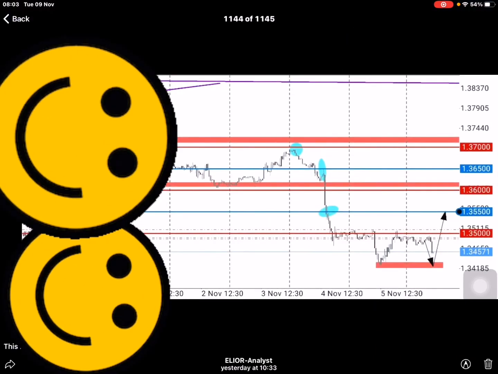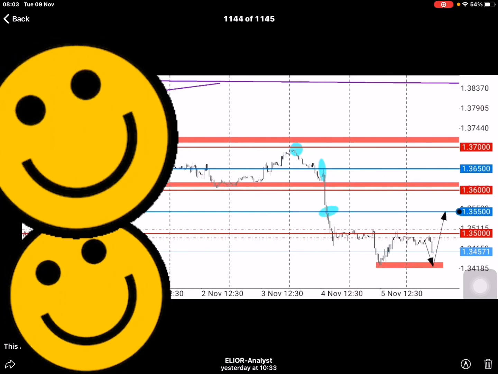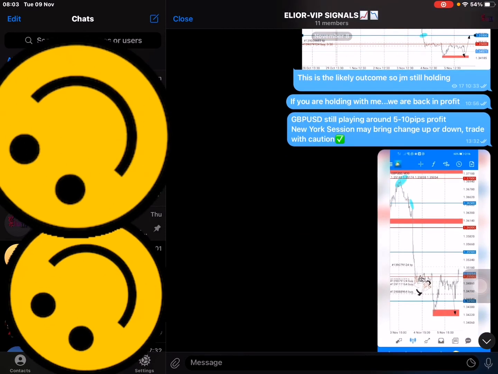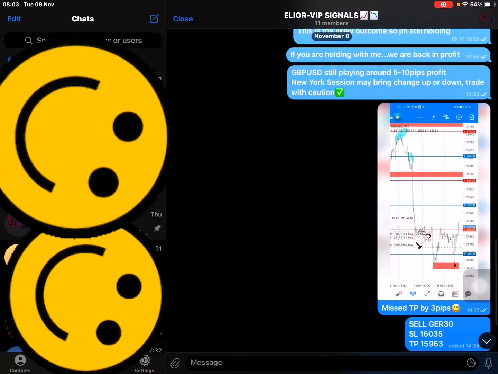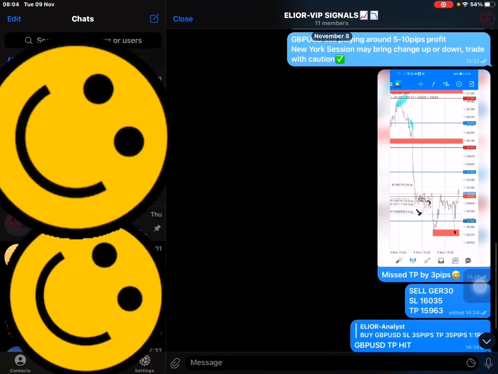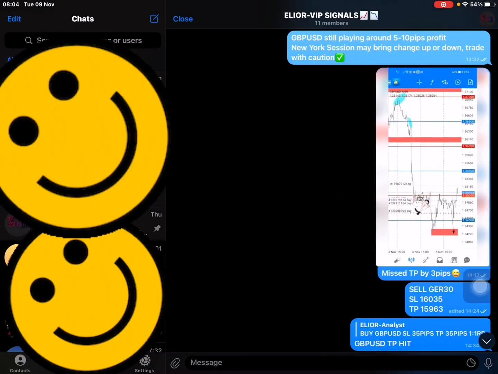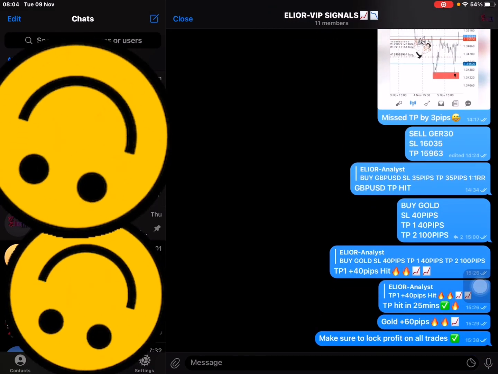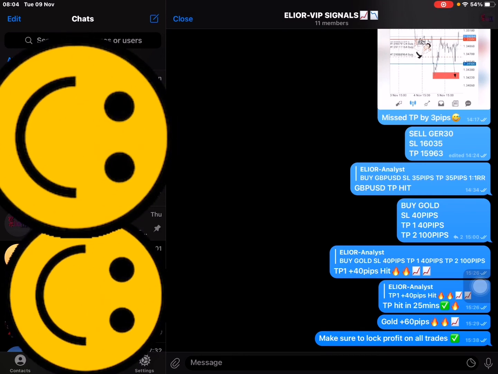After that, I sent them an analysis of what I expected the market to do. Obviously we didn't reach the low, but I did say if you are holding with me, we're back in profit. Then we were hovering around 5 to 10 pips of profit, and eventually we started breaking out, and then we hit the TP. There we go, GBPUSD TP hit, and then the gold trade: buy, SL 40 pips, TP1 40 pips.